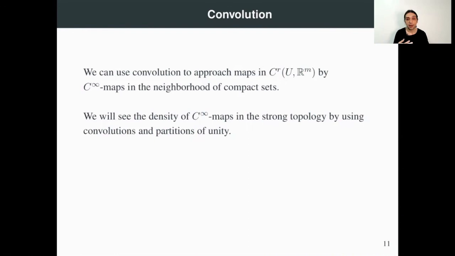So when we use local charts for a differentiable map, we are going to obtain a local expression that is a differentiable map between open subsets of Euclidean spaces. The convolution is going to give us approximations in these local charts, but we want an approximation defined in the whole space. And so in order to paste these local approximations, we are going to need to use partitions of unity.